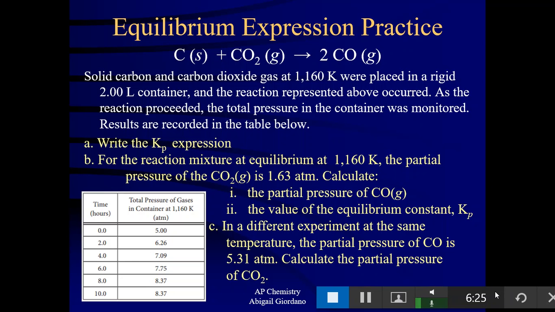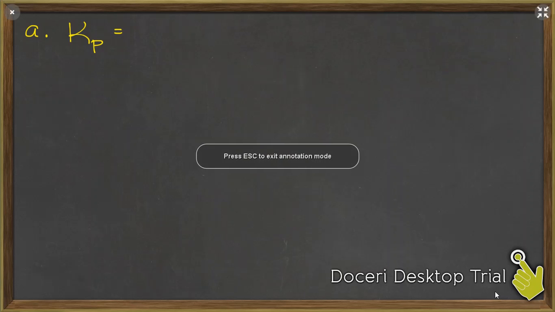And for part A, I'm going to write Kp equals, and let's go back. It's products over reactants. My product gas is carbon monoxide. And I'm not going to write brackets, guys, because these are pressures.